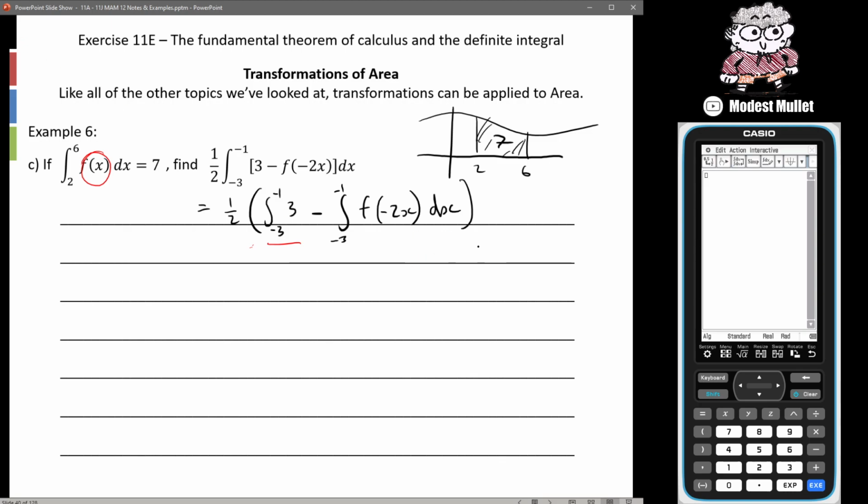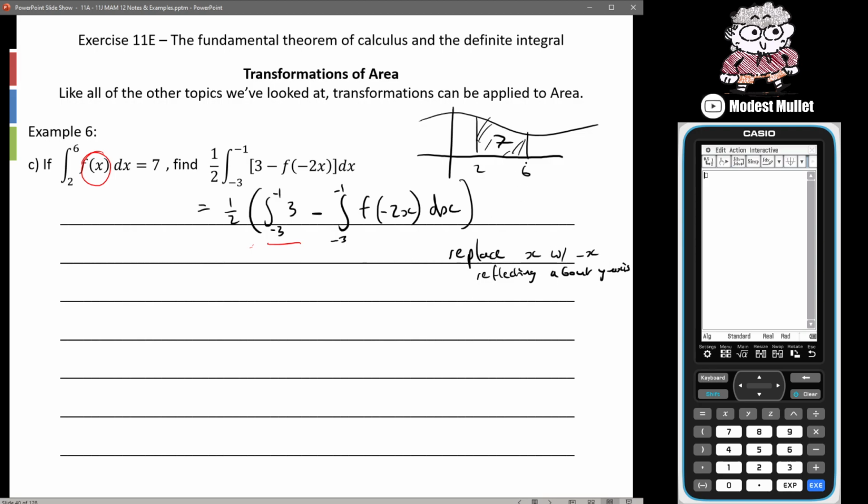Well, I could write that. Let's think of replacements. First off, I could replace x with -x. So that is reflecting about the y-axis.